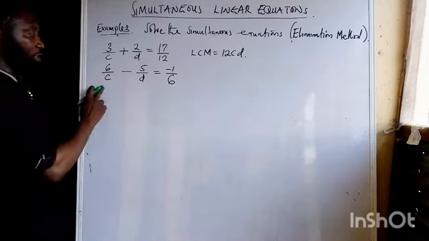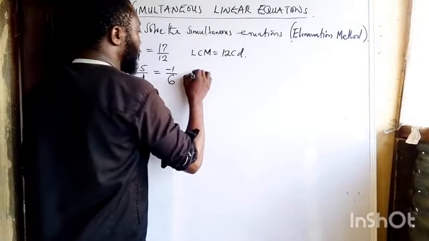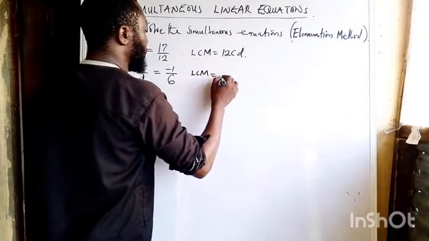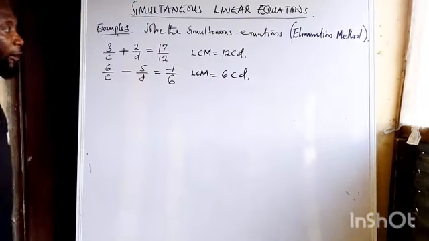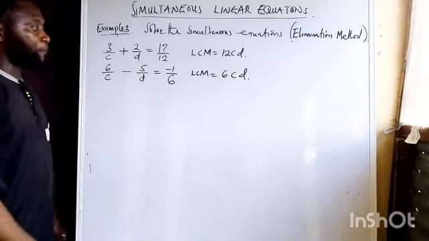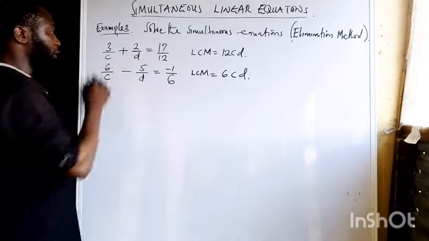For the second equation, your LCM will be 6CD. So for the second equation, LCM equals 6CD. Now, what do we need to do now? We are multiplying equation 1 by the LCM. This is our equation 1.